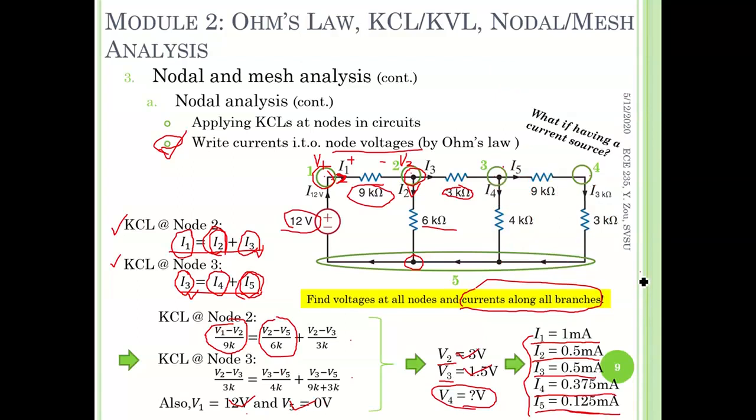So since we got every current and every voltage we want in this circuit, let's think about one thing. I need to remind you that in a real problem, exam or quiz, we might only ask for one particular voltage or one particular current in the circuit. So when you write equations, you might need to think about which equation you need or which result is sufficient to answer the question.